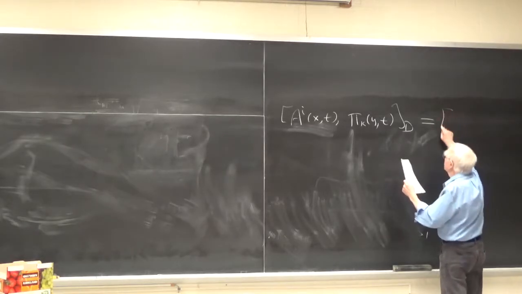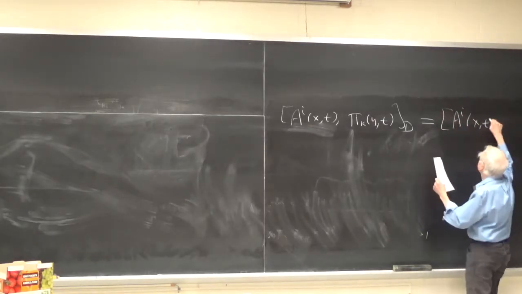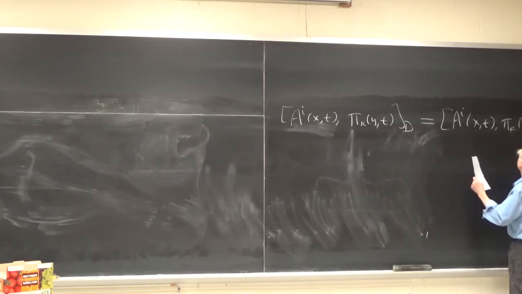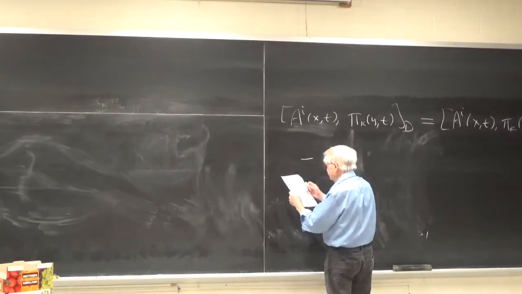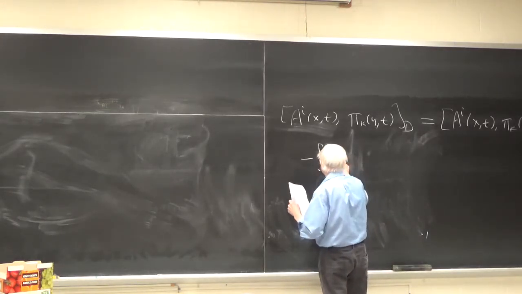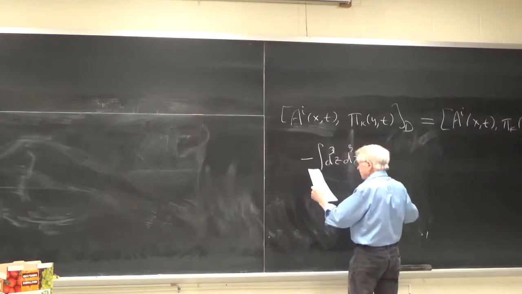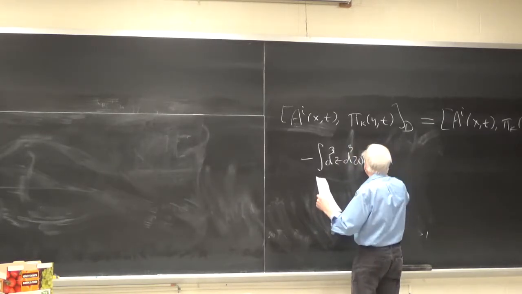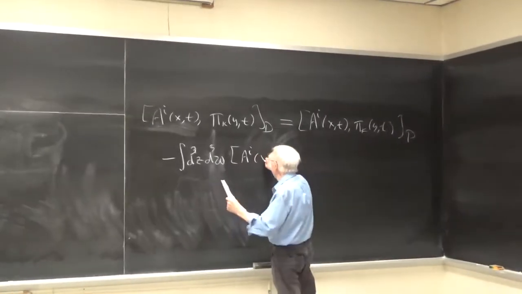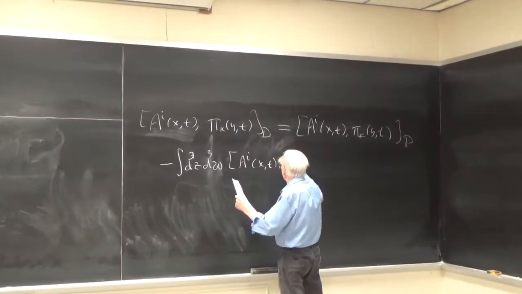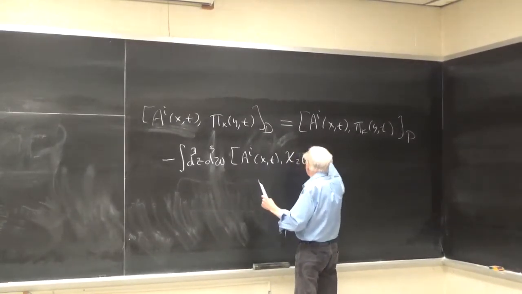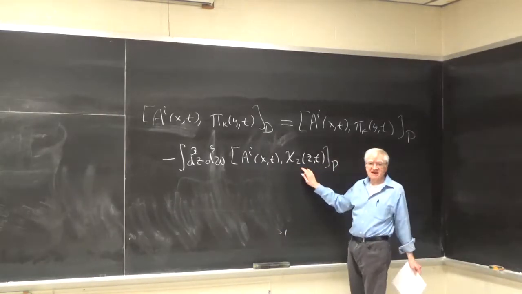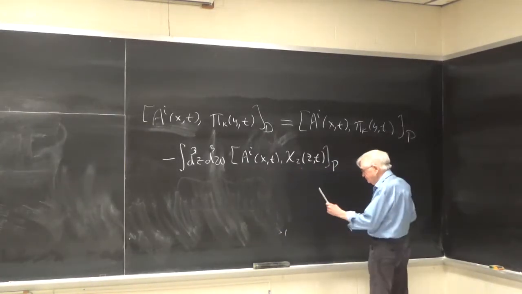It's first of all the Poisson bracket, and then it's minus an integral d cubed w, and then it's the Poisson bracket of the first term with, it turns out, only chi2. It's only the second constraint that has a Poisson bracket with A.